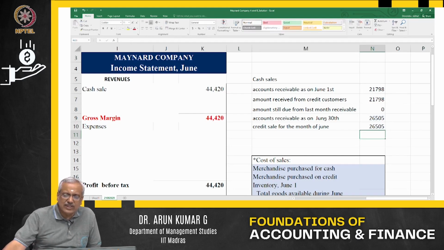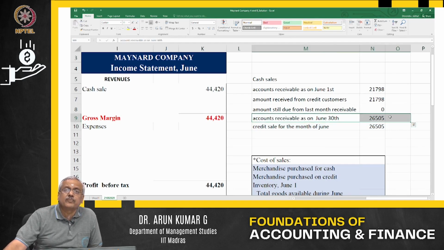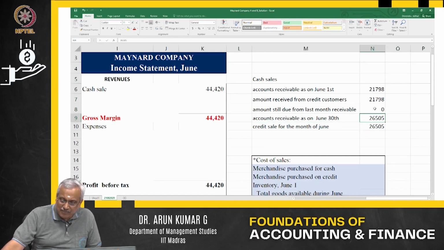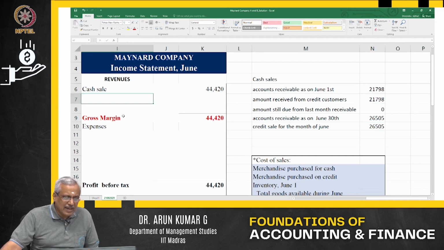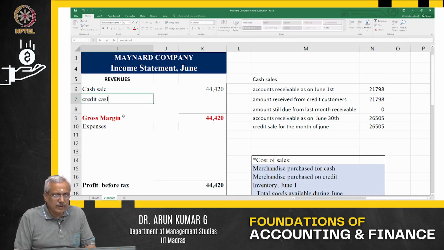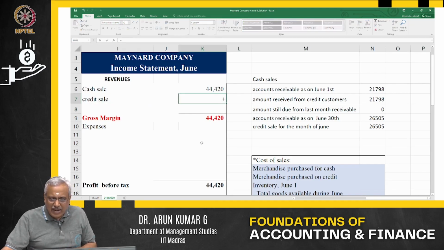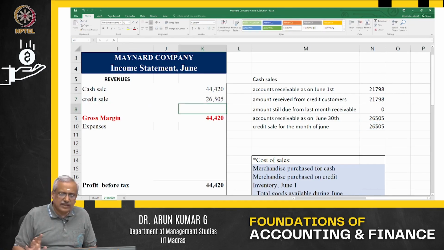It is the same 26,505. This is the receivable as of 30th of June. This includes whatever is receivable on the 1st of June, if at all anything is pending. In this case, it is 0. So, what is the credit sale for the month of June? This minus the amount still due from the old receivable. That is all. So, my credit sale in this particular case is nothing but I will just pull this figure out there. That's all.